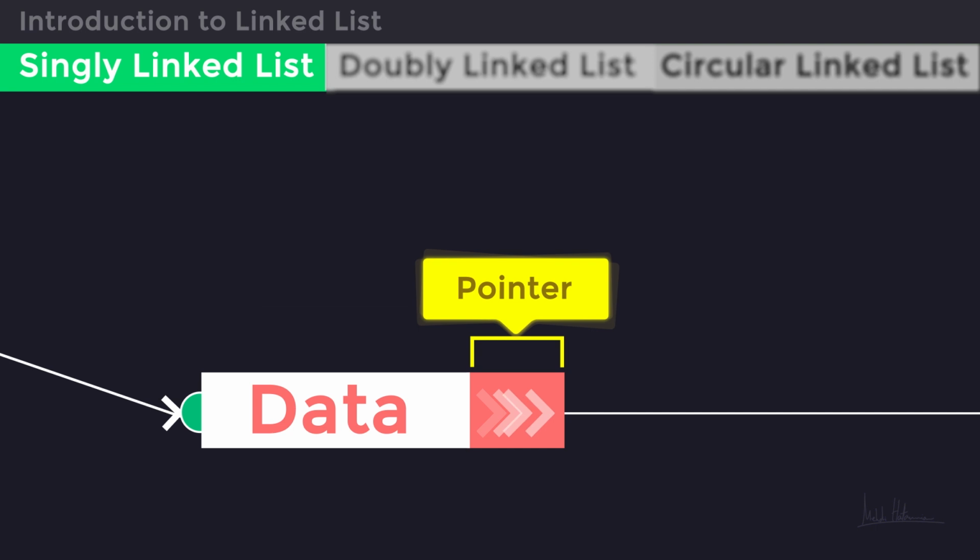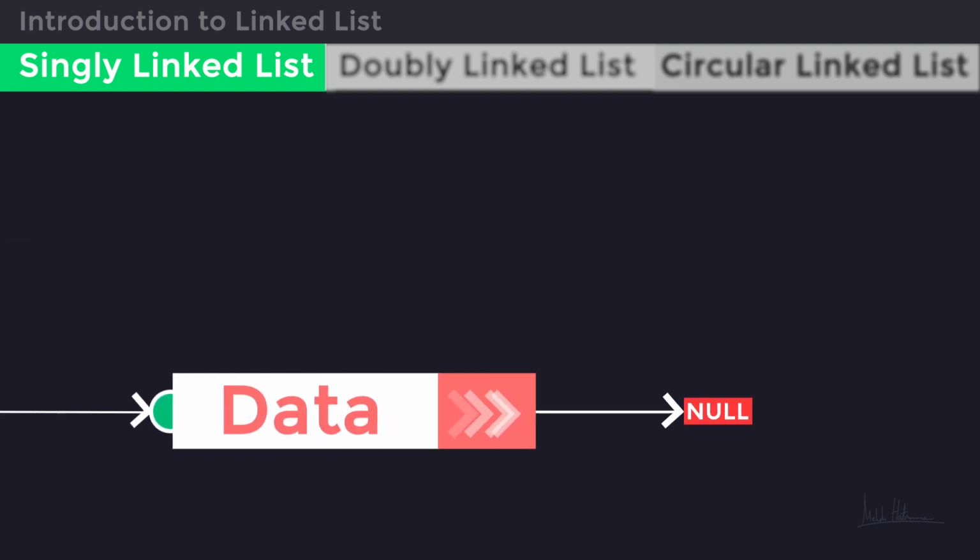And this part is the pointer and points to the next node in the list, or more specifically, it contains the address of the next node within the linked list. The last node always indicates the null, but please keep in mind that a null is not a node.